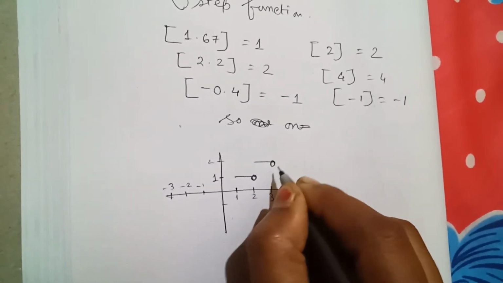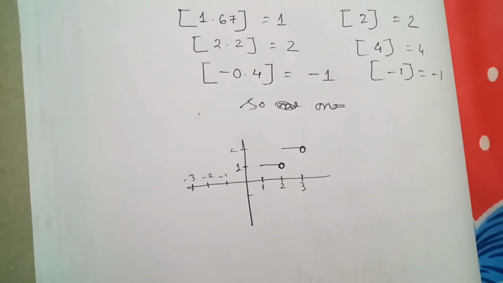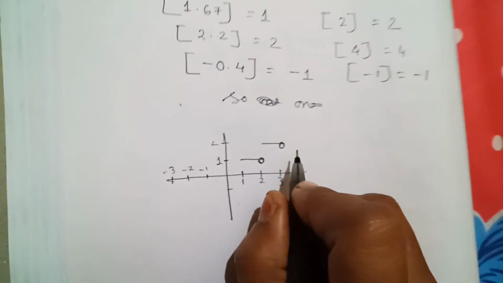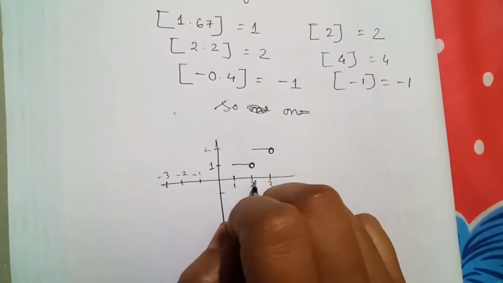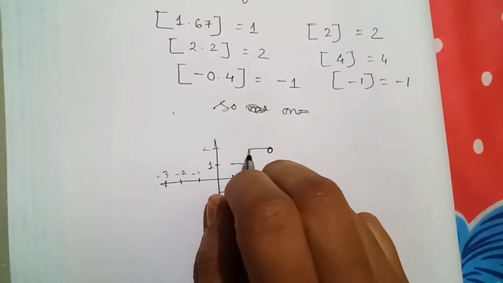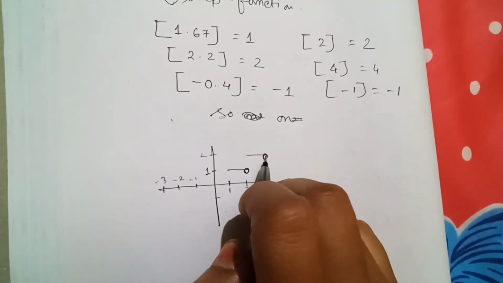The not darkened circle means that if we have 2 then it will be 2. If we have 3 inside the bracket then we will have 3.